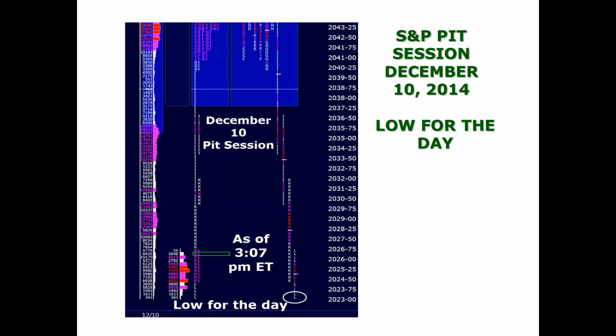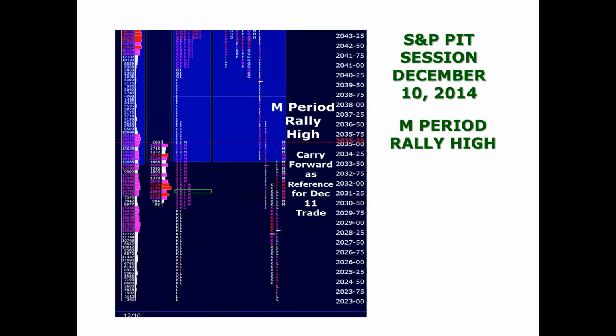Take a look, and let's go to the next slide. The M period rally high. So we made a low in L period. We rallied all the way back to 2035.25. That's a huge rally on the way back.